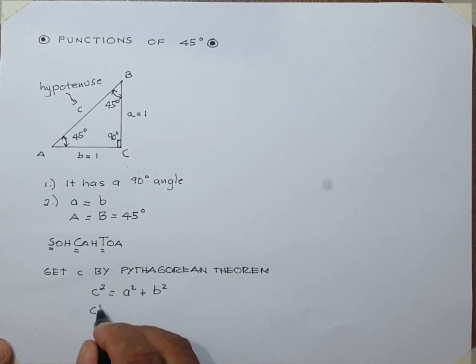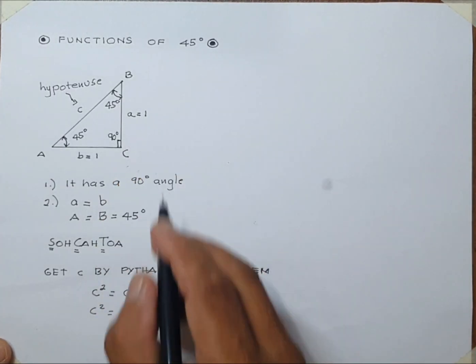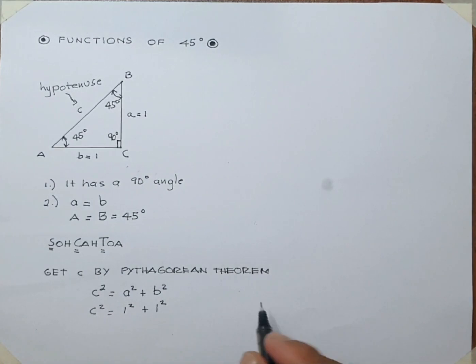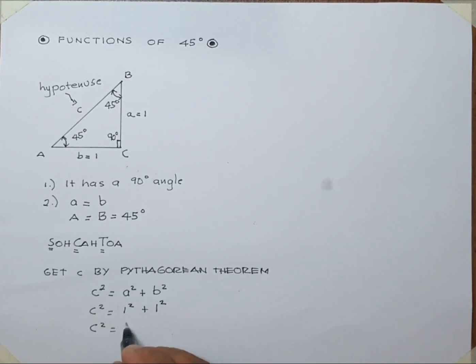And A is equal to 1 and B is also equal to 1. Simplifying further, we get 1 times 1 is 1 plus 1 times 1 is 1.